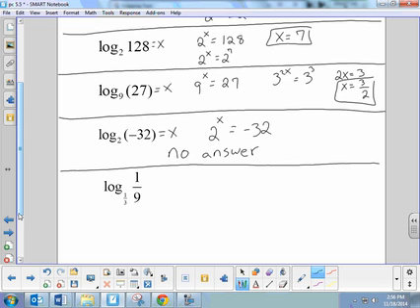Let's try one with fractions though. Set it equal to x. Rewrite it in exponential form. I know that 1/3 is the same as 3 to the negative 1. 1 over 9 is really 1 over 3 squared, which is 3 to the negative 2.